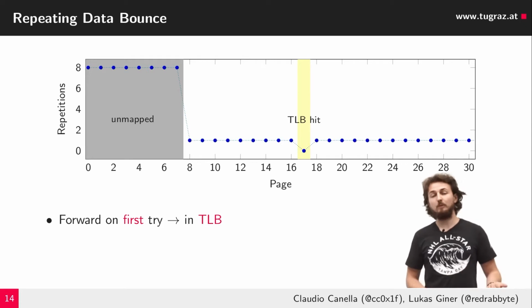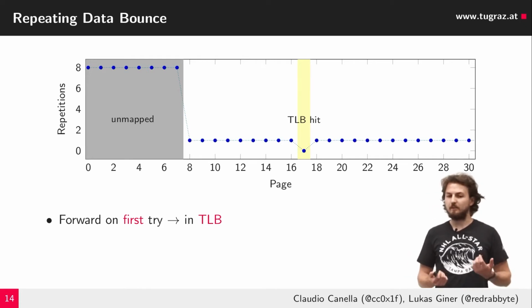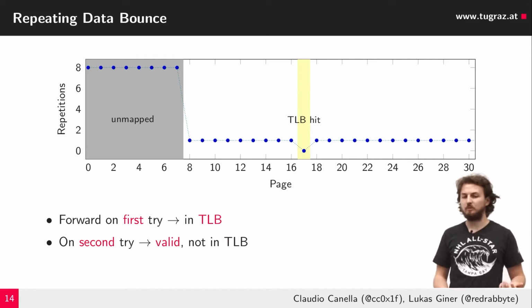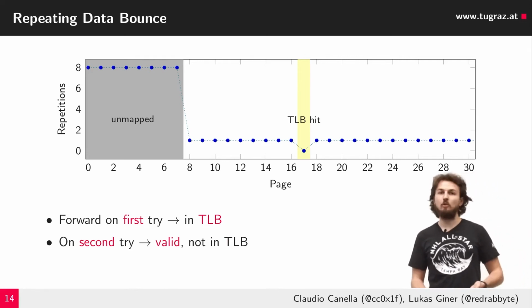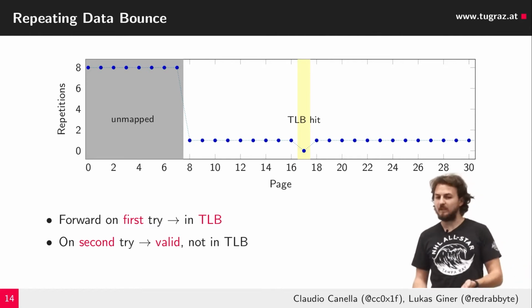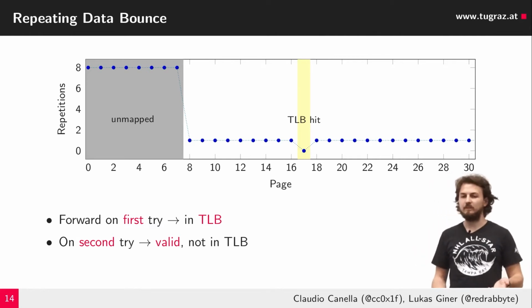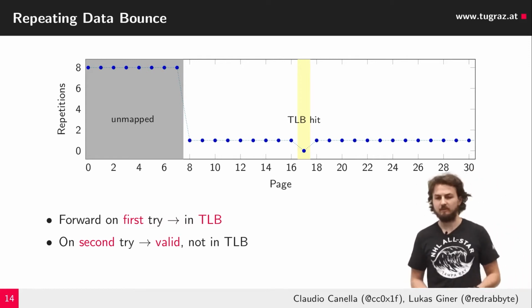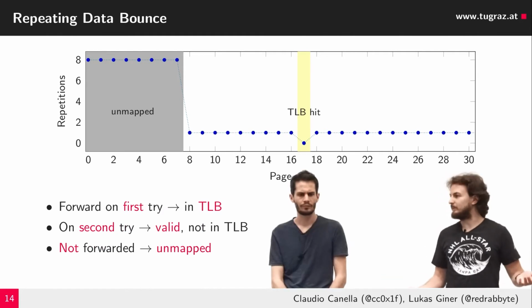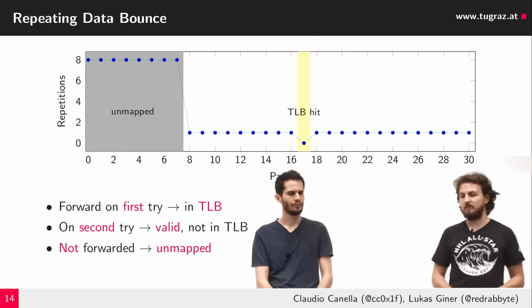If it is forwarded on the first try, then we learn that it was in the TLB. If it is only forwarded on the second try, then we know that it is valid, but it wasn't in the TLB the first time. But with the second try, it is now in the TLB, and we learn that it has not been recently used, for instance. And if it is not forwarded, then it's simply unmapped, like we exploited in data bounds itself.